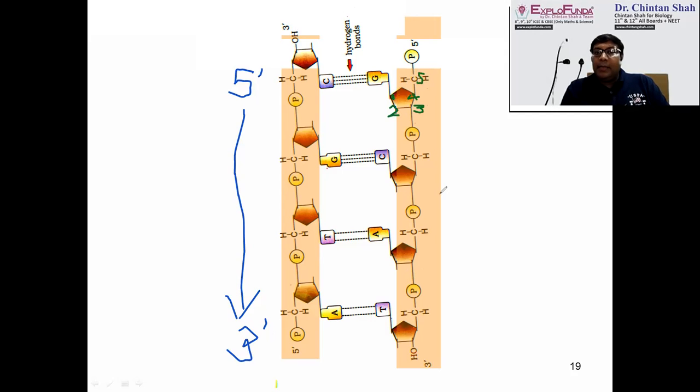So the first carbon is attached with the nitrogen base and the fifth carbon is attached with the phosphorus. So the first nucleotide's third carbon combines with the next nucleotide's fifth carbon. Again, the first nucleotide's third carbon combines with the next nucleotide's fifth carbon.